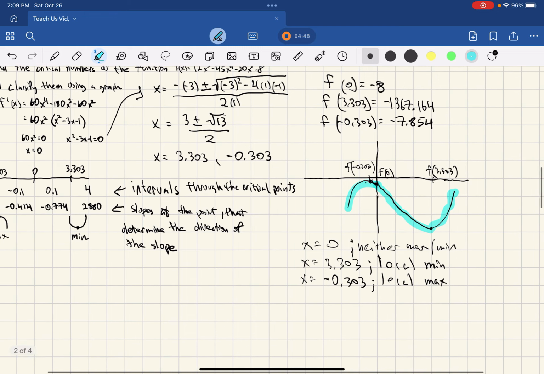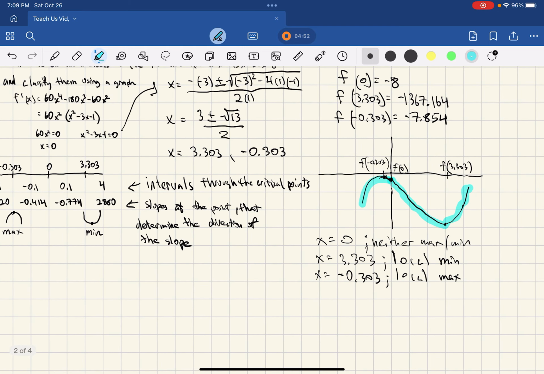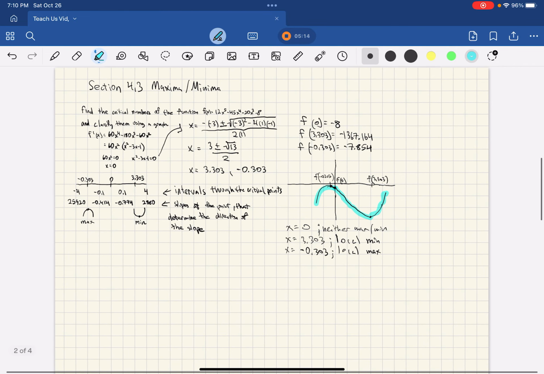And then looking at our values for the original function, where x equals 0 is neither max nor min, where x is 3.303, we have a local minimum, and where x equals negative 0.303, we have a local maximum. And that's it.